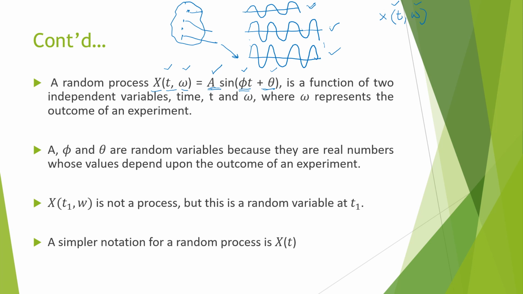Now if I write X(t1, w), it means the random process at the value t1. How does it look? Suppose I take any time instant t1, and I am marking it with red.